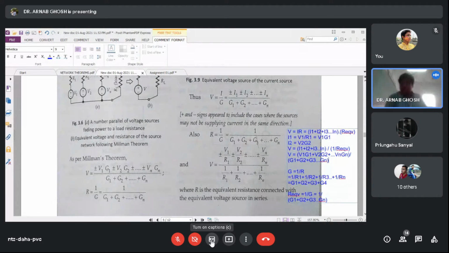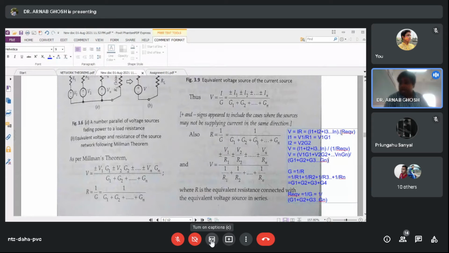Okay, next what is I1? I1 is V1 by R1, right? And what is 1 by R1? G1. So your I1 will come as V1 G1, I2 will come as V2 G2. So like this. What we are just doing, just carefully look at this.